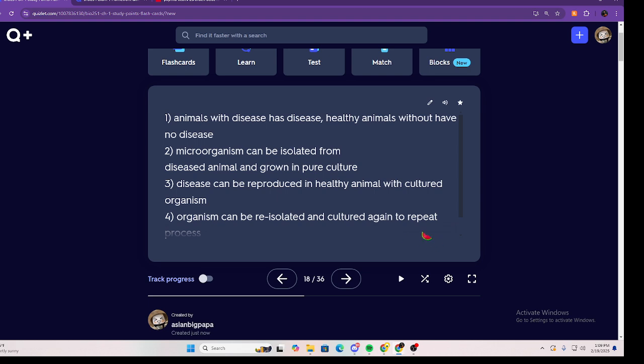So then the cow gets sick, the disease was produced in the healthy cow, and then basically we have a newly sick cow, which means that by theory we should be able to get that disease again and recreate that process. So we get the disease from a newly diseased cow, put it in another healthy cow, and then the process goes over and over again.